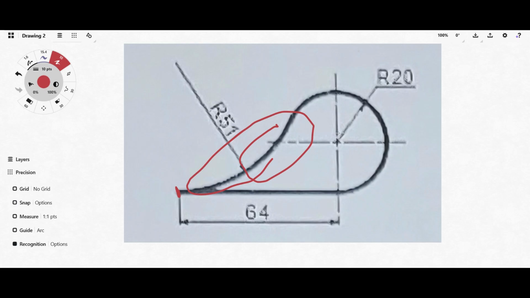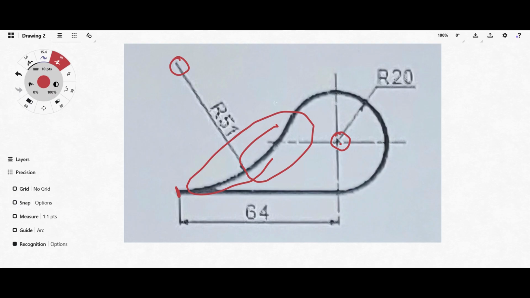Because they touch externally. So the rule is saying that the distance from here to here should be the sum of the radius from here and the radius from here. Let me just give a sketch, right?